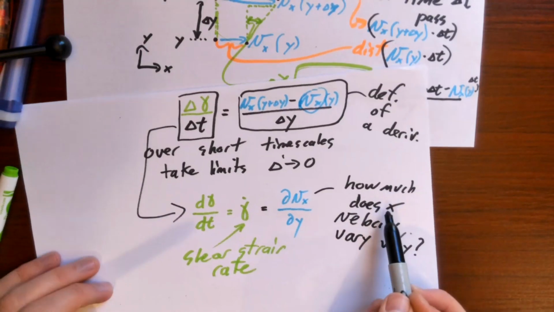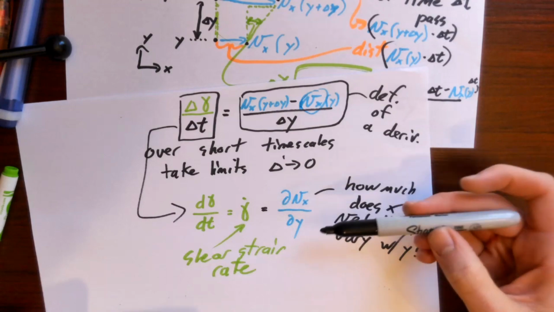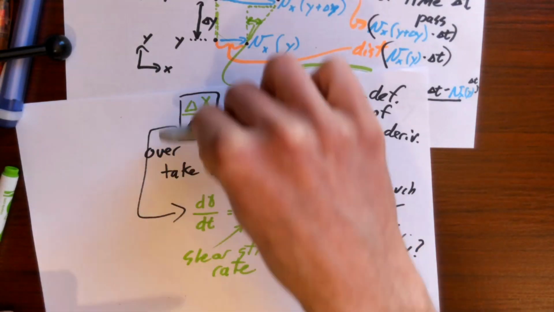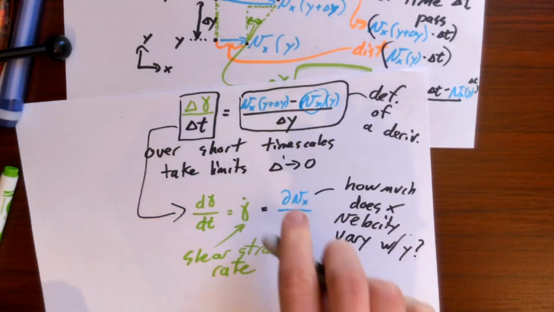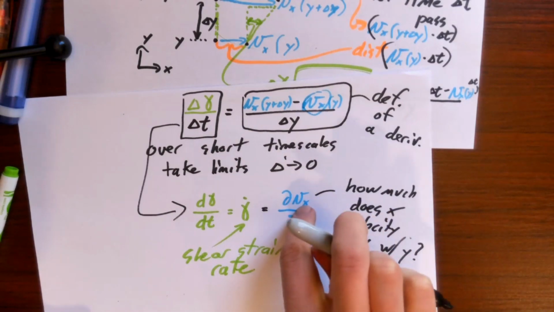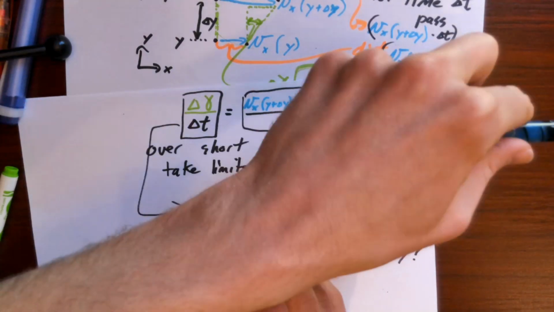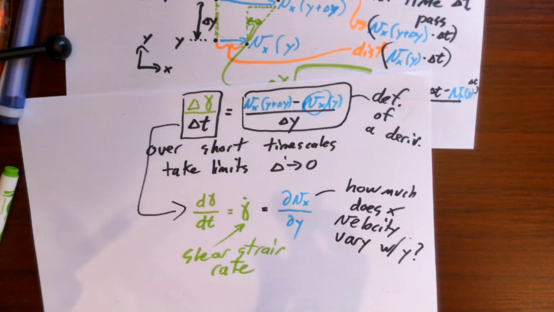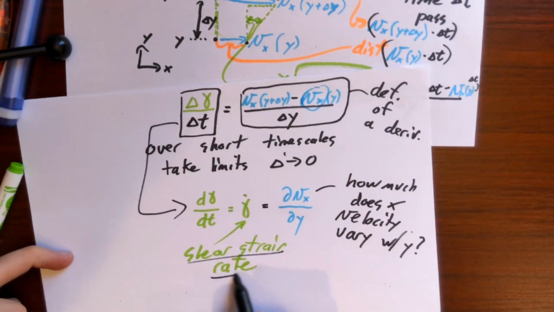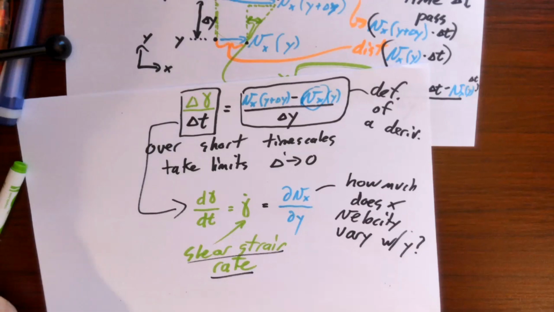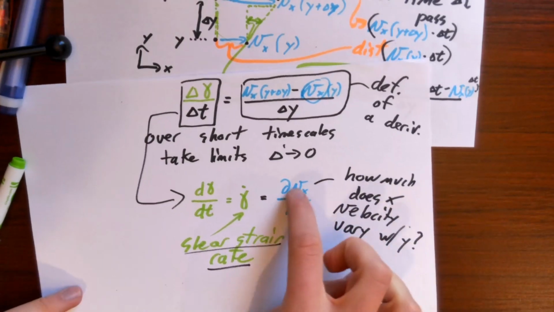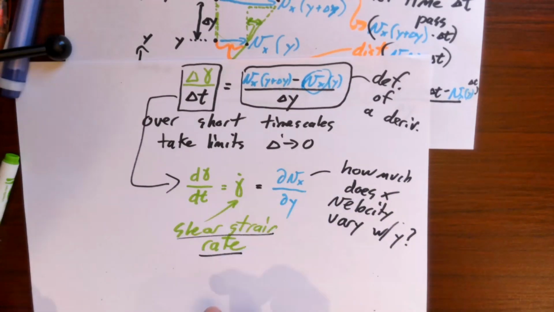If x velocity varies a lot with y, then there's going to be a change in that x velocity with y. That's a case where we have the top plate moving fast and the bottom plate not moving at all, and in that case we get a large shear strain rate. So what does that mean? Large velocity gradients mean large shear strain rates.